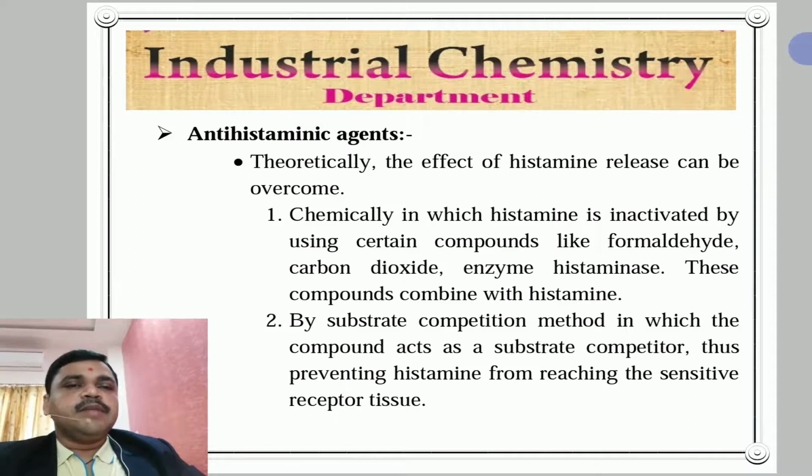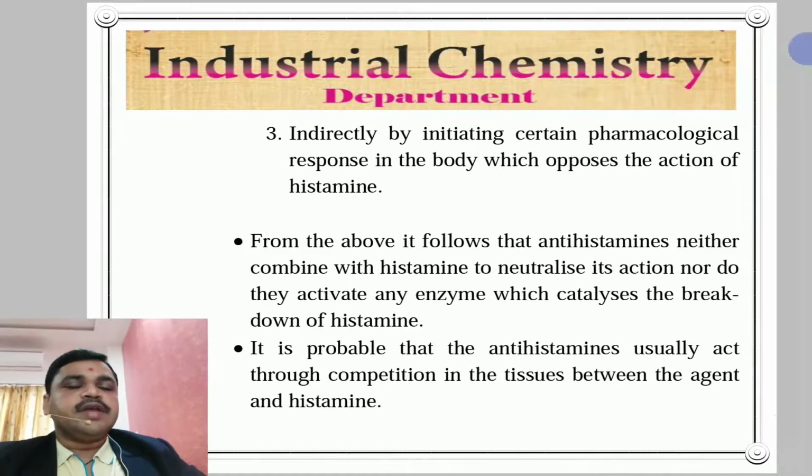Number 2, by the substrate competition method, in which the compound acts as a substrate competitor, thus preventing histamine from reaching the sensitive receptor tissues. And number 3, indirectly by initiating certain pharmacological responses in the body which oppose the action of histamine.